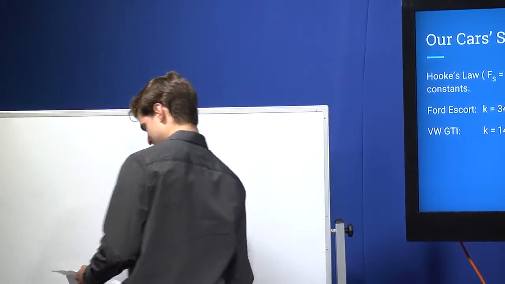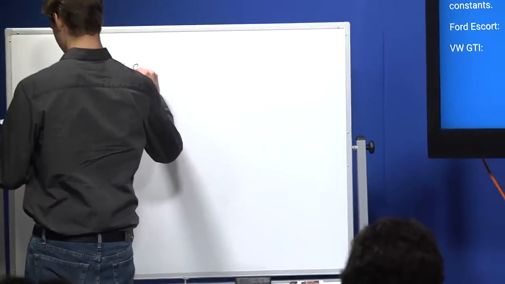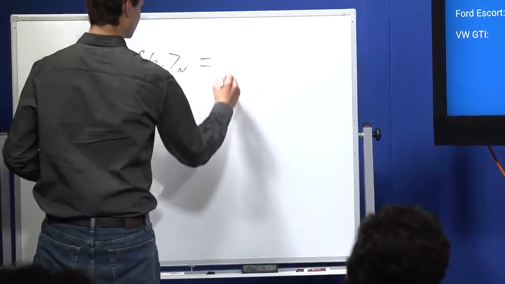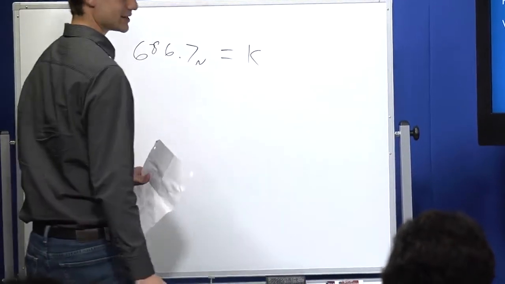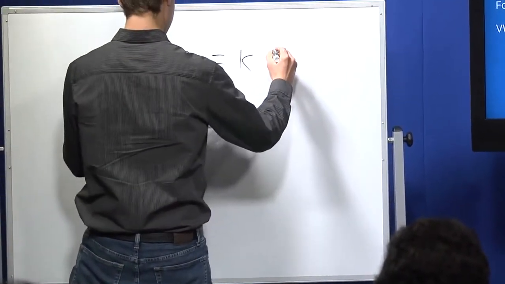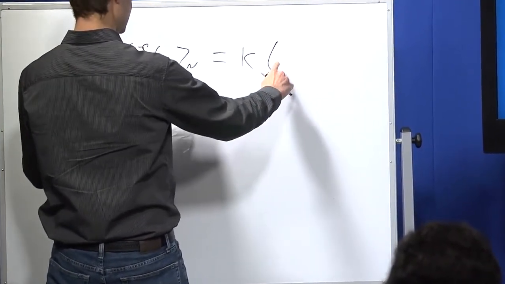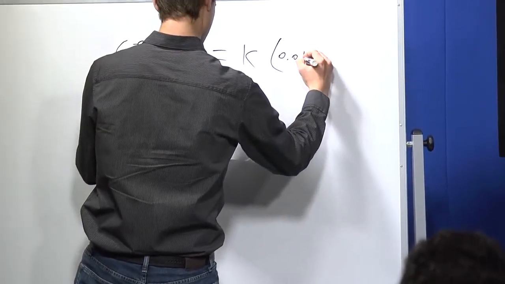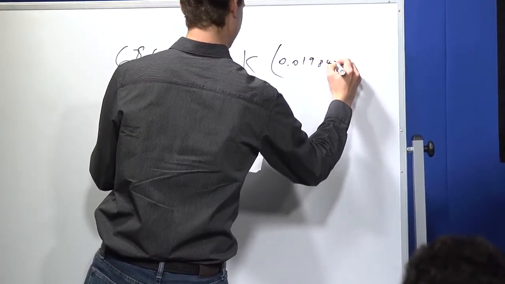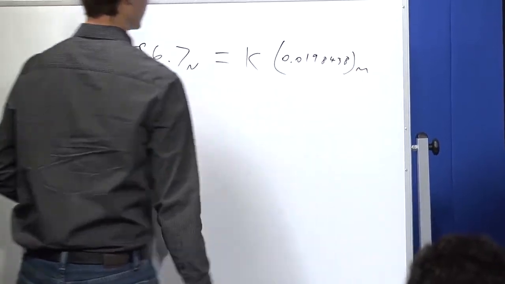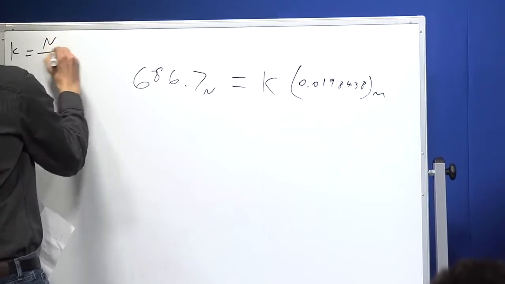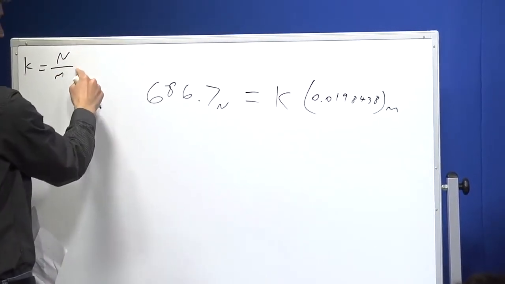So we found that Daniel's weight is 686.7 newtons, 150 pounds, equals our spring constant, which we're trying to solve for, times the distance that it traveled downwards, which was 0.01984338 meters. This right here is in units of force per distance, newtons per meter.